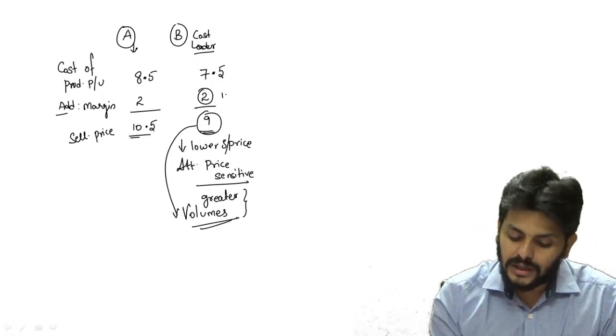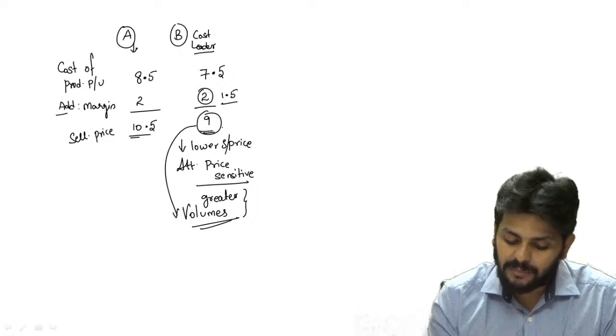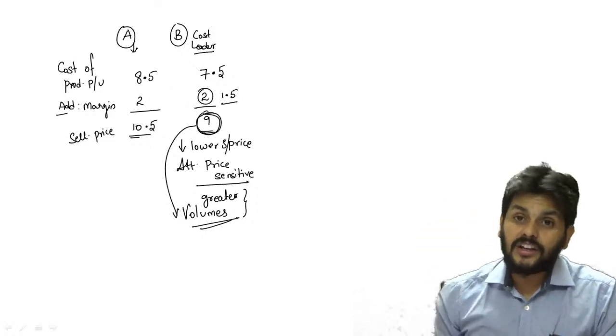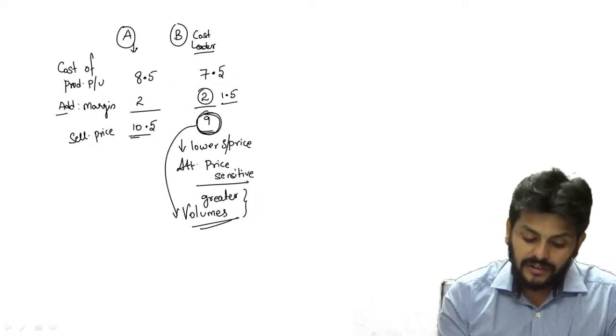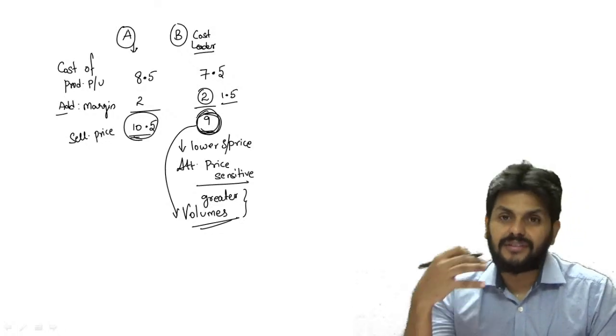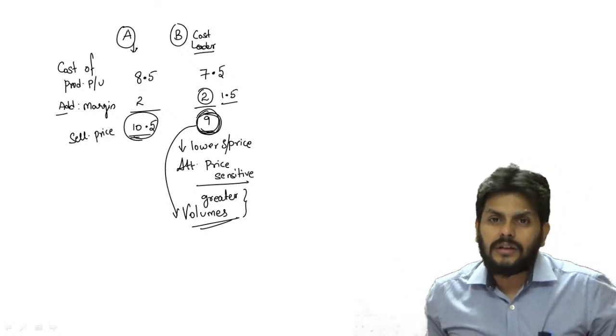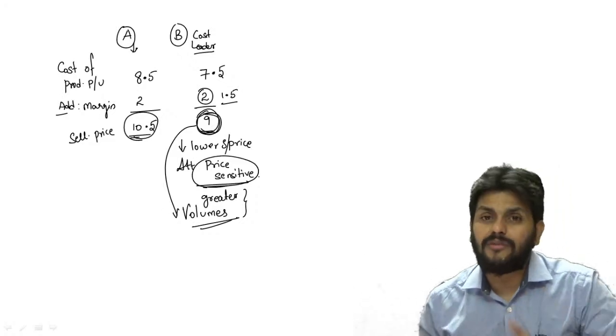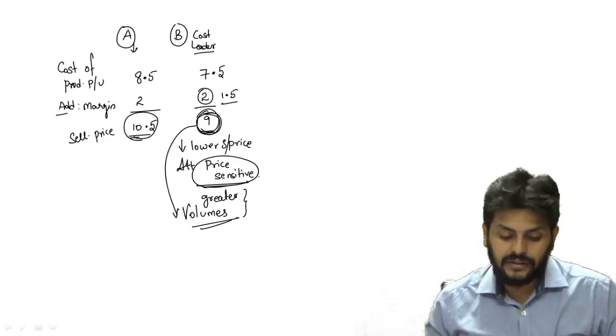Instead of 2, reduce your margin to 1.5, continue to sell at 9. And when you continue to sell at 9, where the competitor's product is 10.5, look at the amount of variation that you are showing in the demand that people will have. All price sensitive customers will come over. You can attract every price sensitive customer.